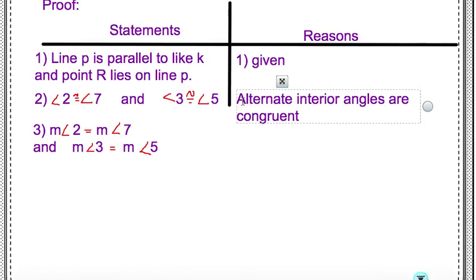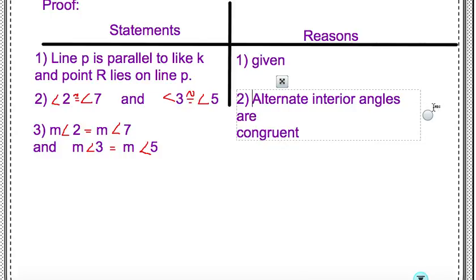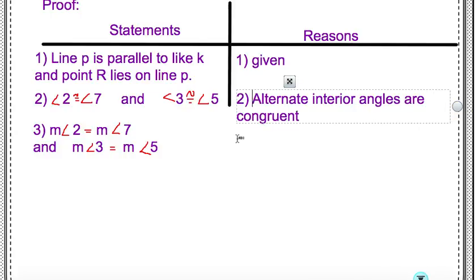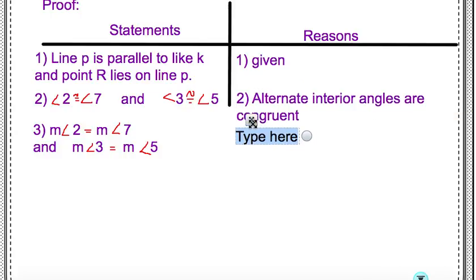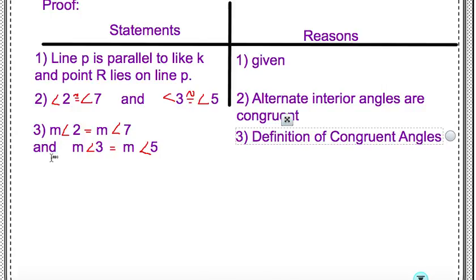I forgot to label this as step 2. Okay, and then this is step 3. When you change the congruent symbols to be equal signs, this is called the definition of congruent angles. It's because if they're congruent, they're also equal. Their measures are equal.